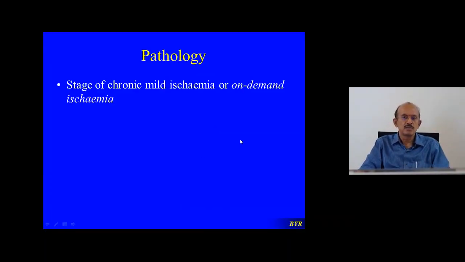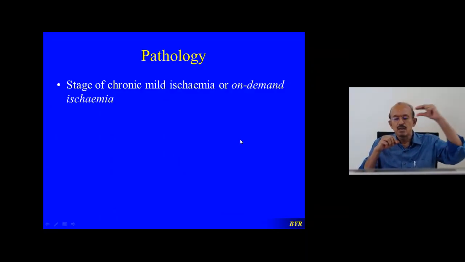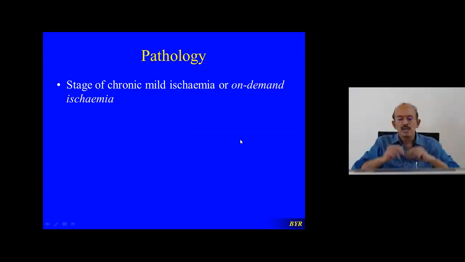Pathology. Whenever the vessel is progressively blocked, when it is gradually getting occluded, there will be 10% of the lumen blocked, then 20%, 30%, 50%, 70, then 100%.